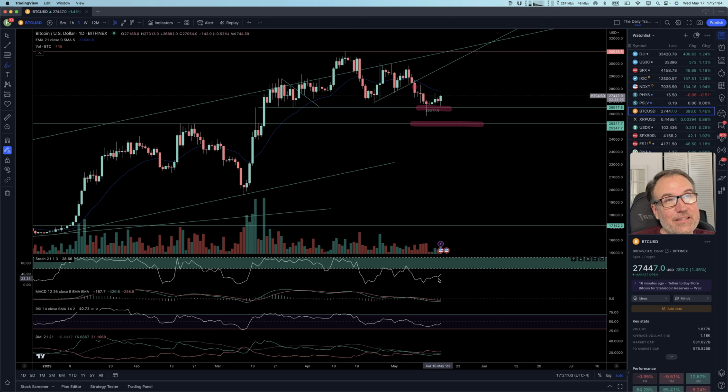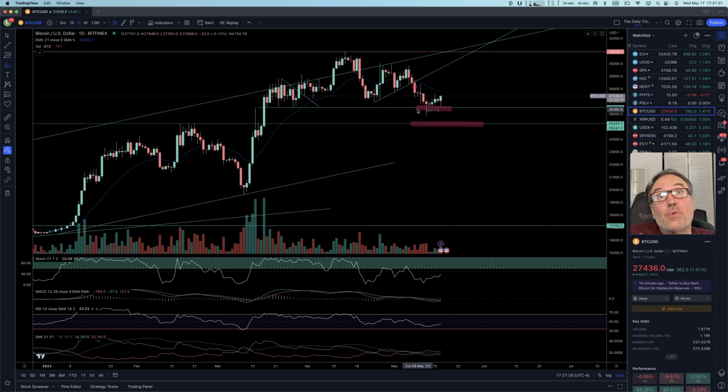Bitcoin, the stochastic is not there, but this one is holding on support. Support lines and resistance lines are more important than stochastic. But stochastic needs to be there in order to confirm. But stochastic alone is not good enough, and the support lines and resistance lines alone is not good enough either. So right now we have the support line.